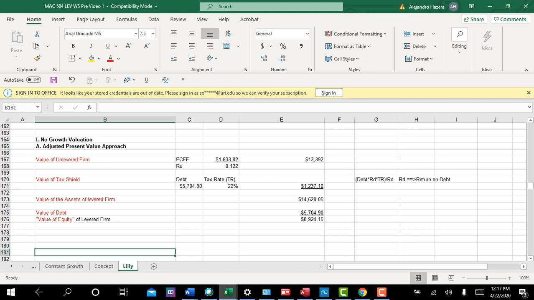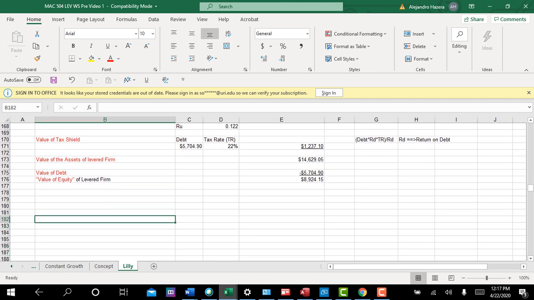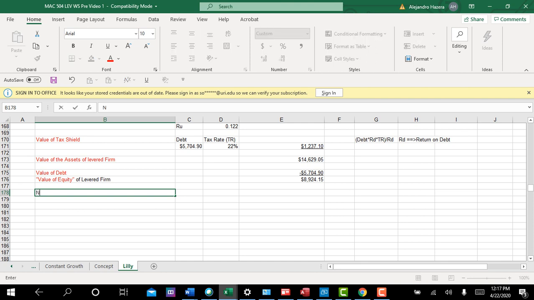What I'm going to do, and we kind of saw this in one of the capital budgeting examples that we did in class, it seems like an eternity ago, is add back to that what I'm going to call non-operating working capital.